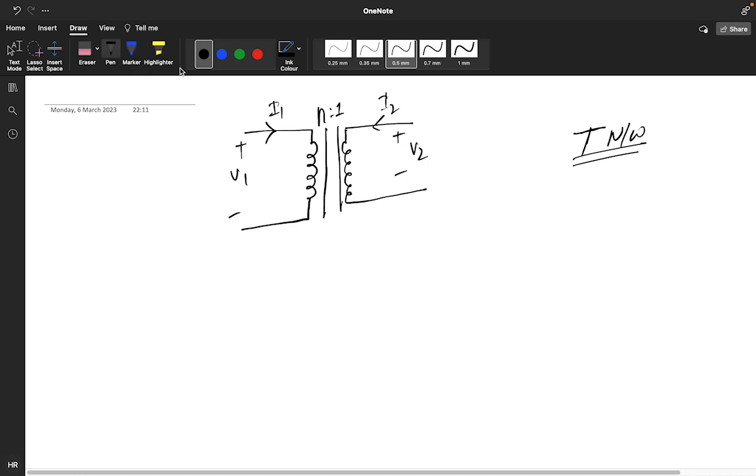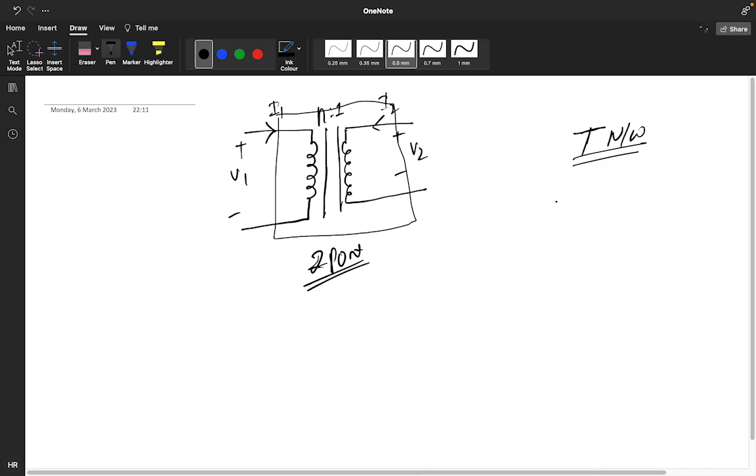This is your two-port network. So how will you get the result of a T network if this is your two-port network?